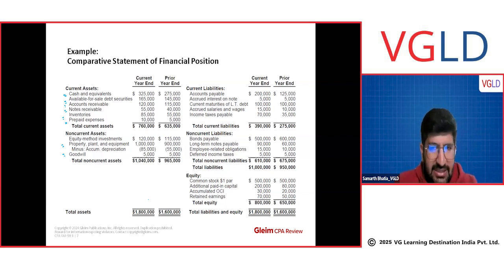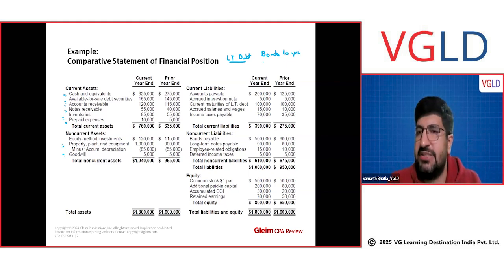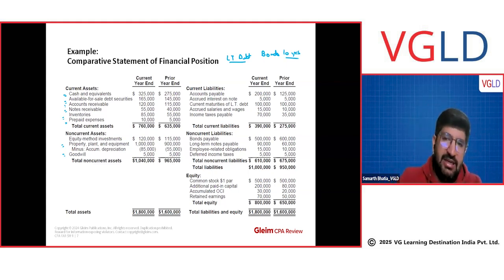Then we have current liabilities. We have AP, which is the same as creditors. We have interest on the note payable. Then we have long-term debt. Suppose we have issued bonds for 10 years, so clearly it is a non-current liability.